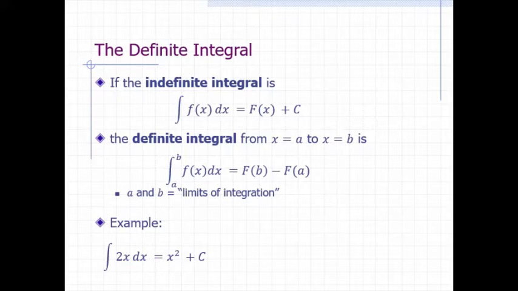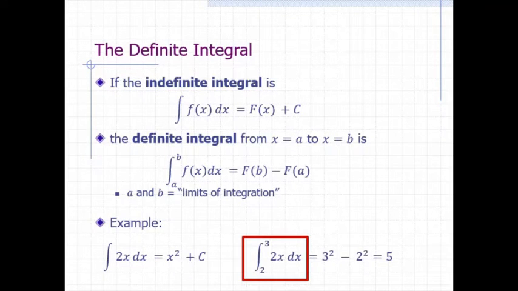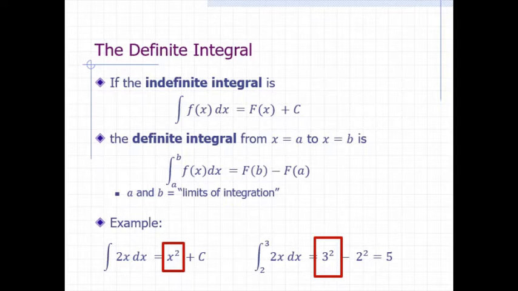So, if we want the definite integral from x equals 2 to x equals 3, we substitute the upper limit, 3, for x, and do likewise for the lower limit too. Then take the difference between the two results. 3 squared minus 2 squared is 9 minus 4, which is equal to 5.